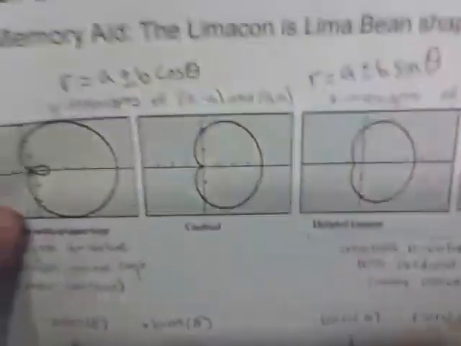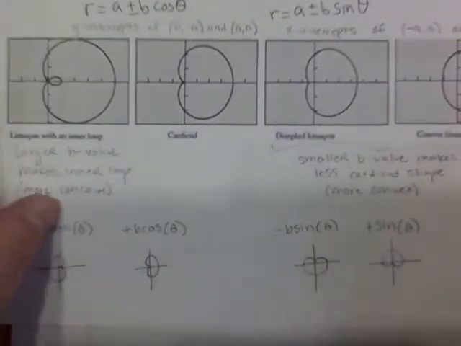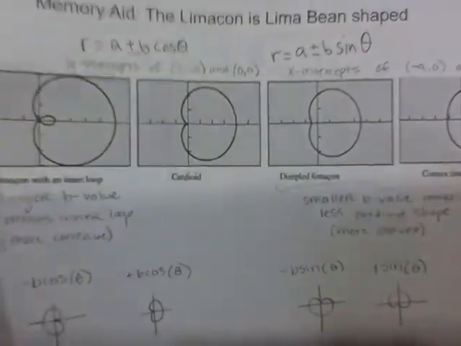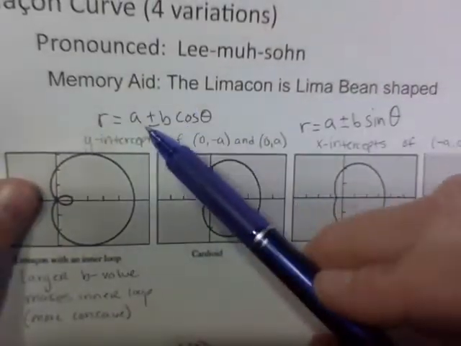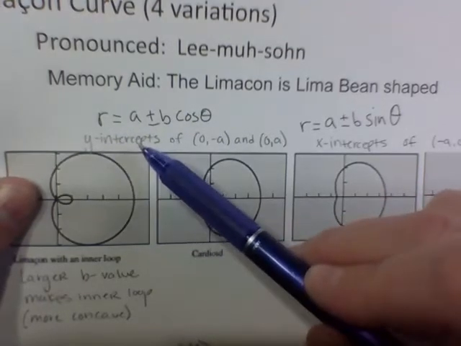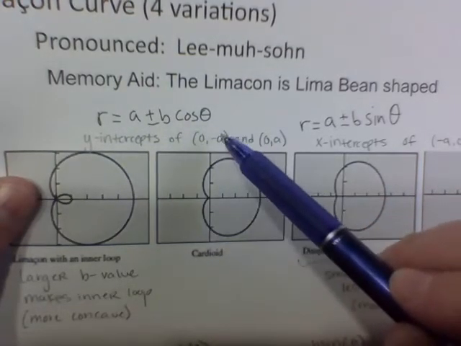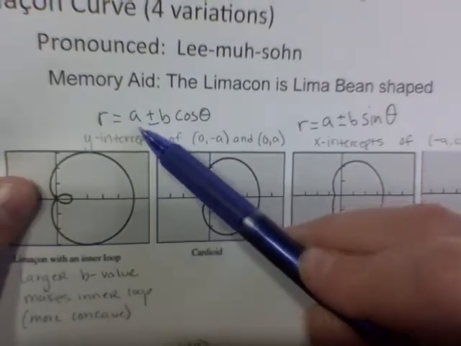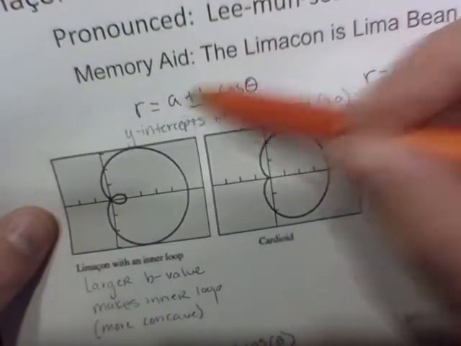So a few things that I kind of added to our notes from before. Anytime that you are looking at this equation with a cosine, you have y-intercepts of 0, negative a, this value up here, and 0, a. So taking a look at this one, for instance, our a value is the one out front.